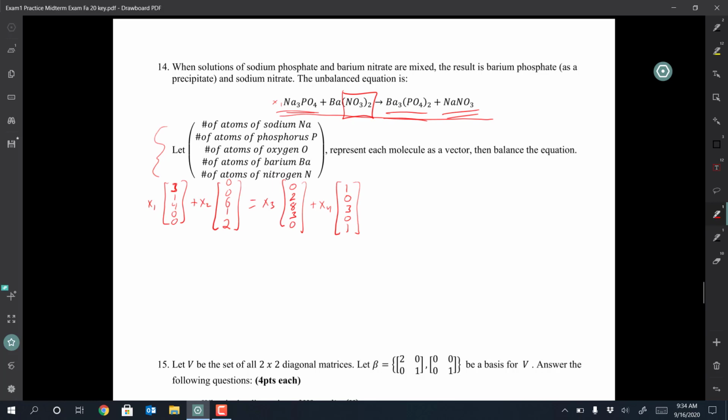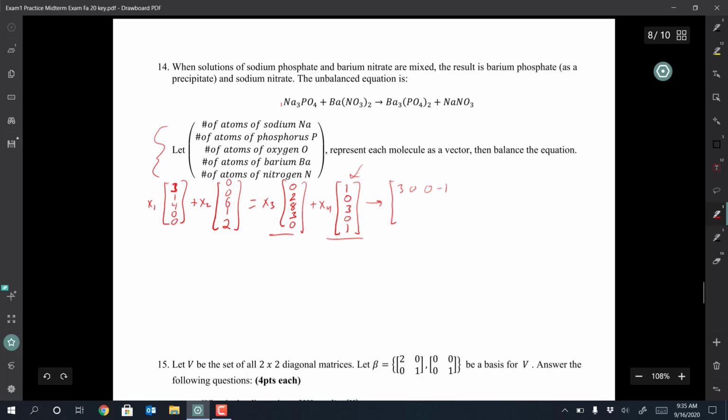Right. So here I have taken my general unbalanced chemical equation, and I've written the associated vector equation. Now from here, I could set up the homogeneous vector equation by subtracting these 2 guys to the other side. And then to solve that homogeneous equation, I would generate the augmented matrix and do my row reduction. So the associated augmented matrix would be 3, 0, 0, negative 1, because I'm subtracting this to the other side, augmented with 0.